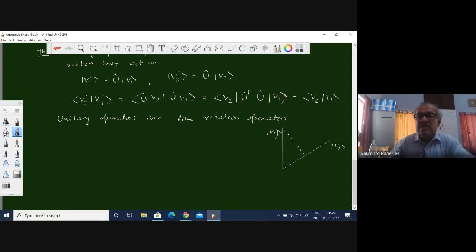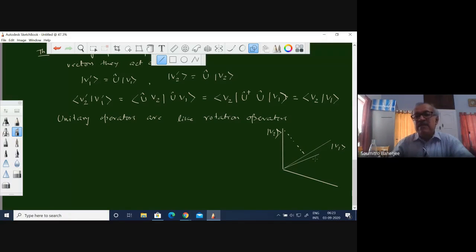This much is the projection, but if you rotate both of them like this, say this one is rotated to this, and this one is rotated to this. The angle was not 90 degrees, therefore I have to do it carefully.